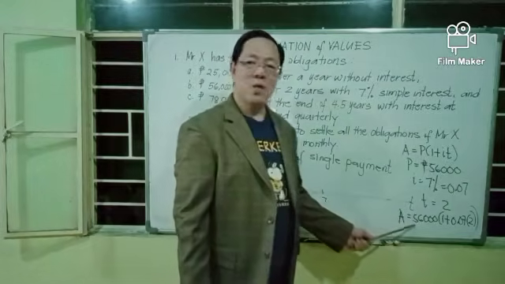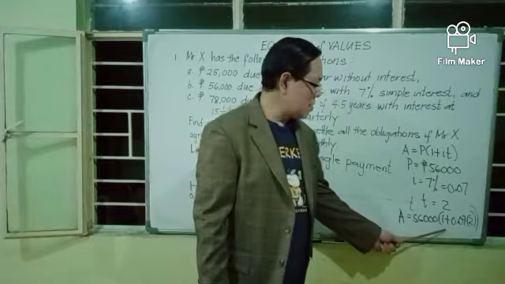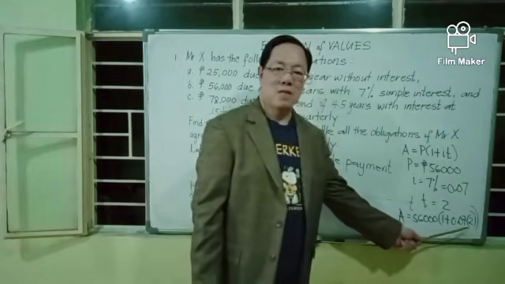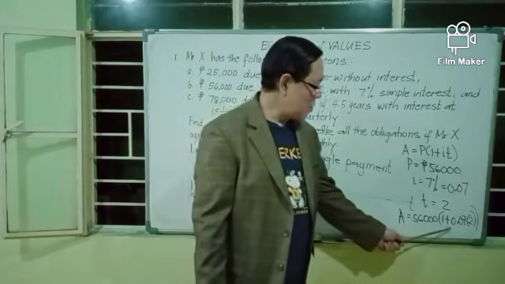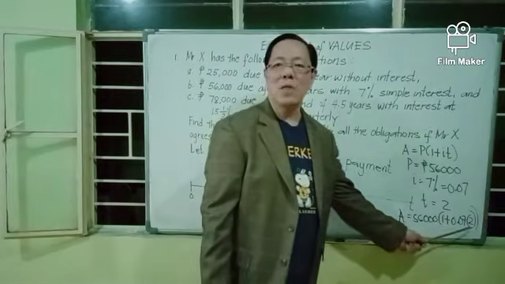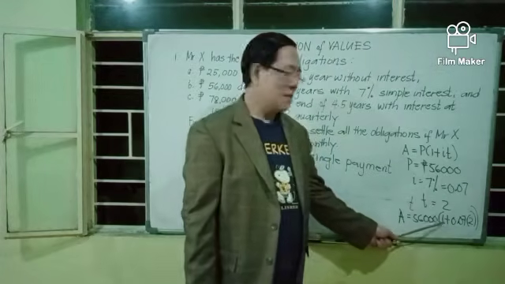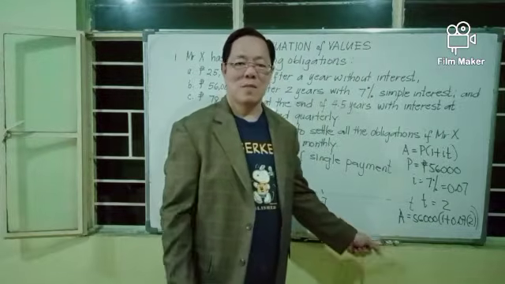A is now equal to 56,000 pesos multiplied by quantity 1 plus i 0.07 multiplied by T 2 years. And when you compute this in your calculator, you start with 0.07 multiplied by 2 plus 1 equals, and the answer multiplied by 56,000 pesos.